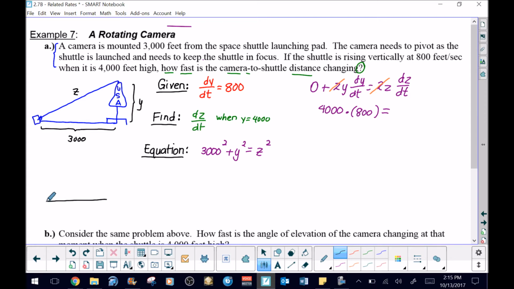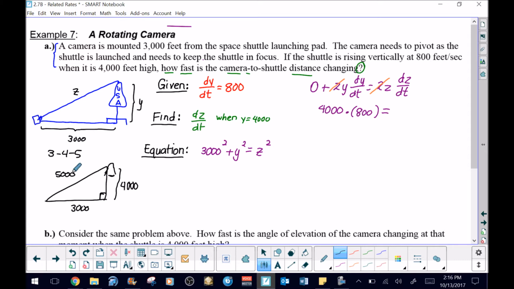This space shuttle has climbed to a certain altitude where this is now 4,000. We know that the camera is still 3,000 from the launching pad, so if we use the Pythagorean theorem, or better yet, a nice 3, 4, 5 ratio right triangle, it will force that z side to be 5,000 at that instant. Okay? It's really important that we all understand.